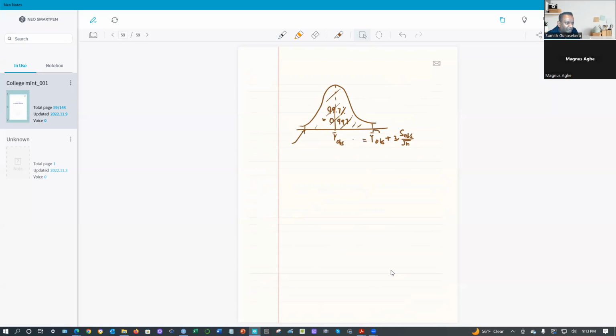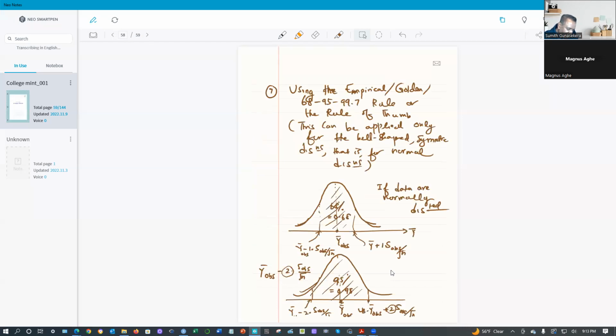So the lower bound, you can go straight to the lower bound and say y bar ops minus 3 times S ops over square root 10. 3 times, if it is a 99.7 confidence interval. Upper bound like that, lower bound like that. That's the same thing.